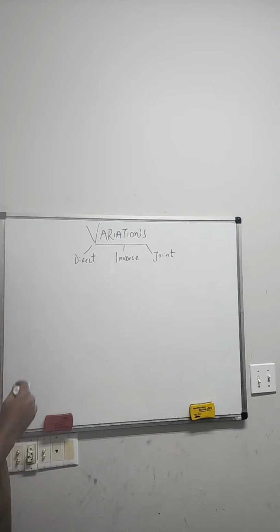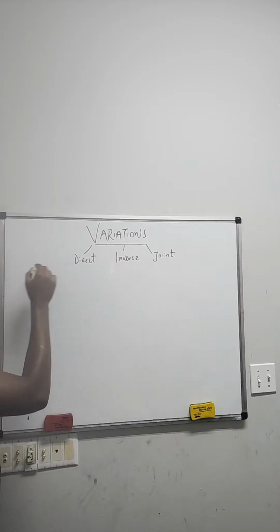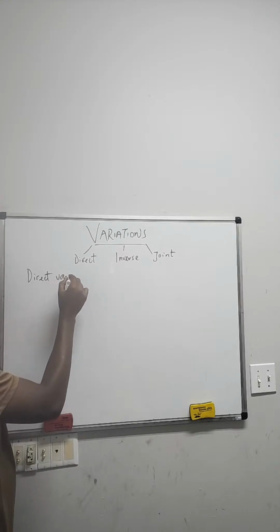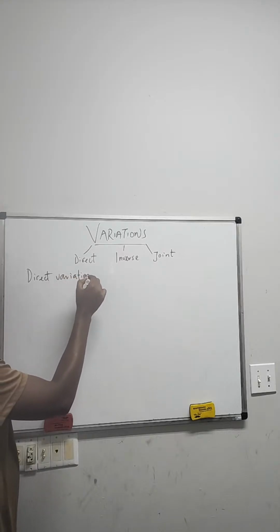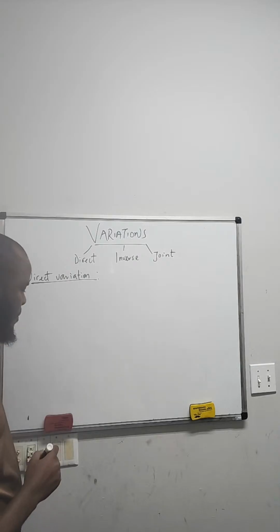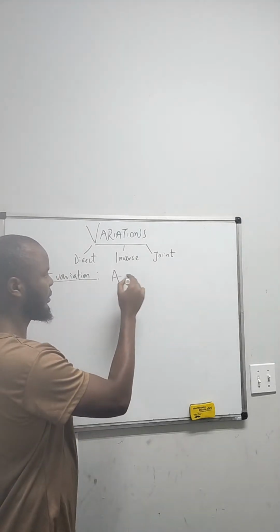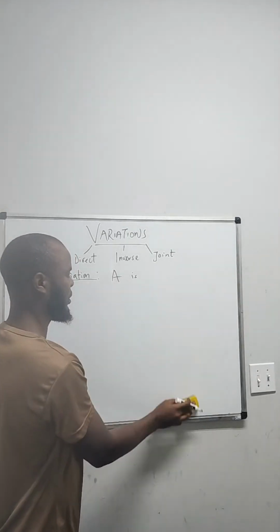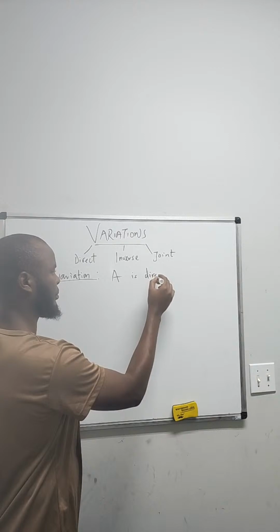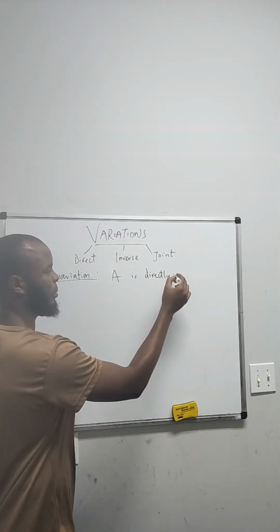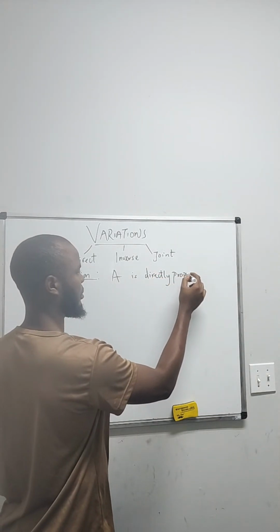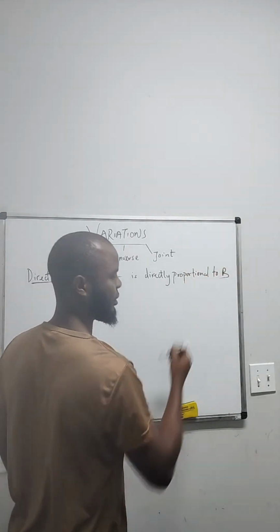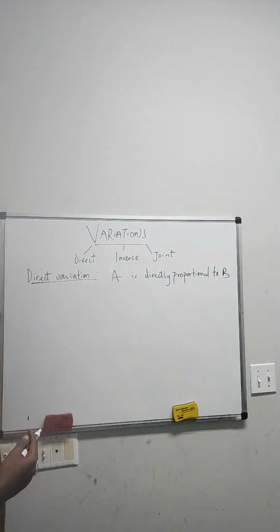Now, when we talk about direct variation, here we have that A is directly proportional to B. What does this mean in real life?